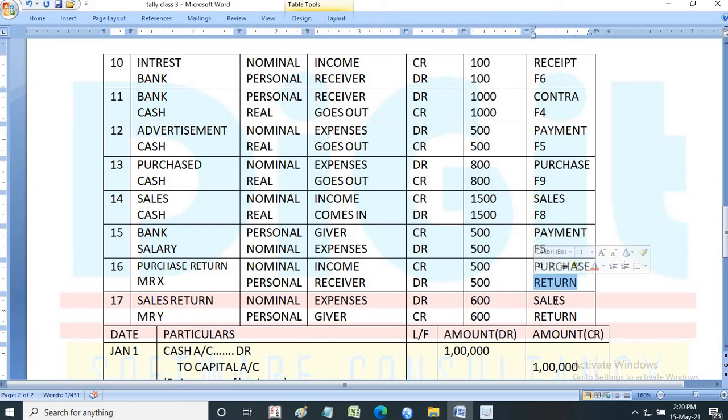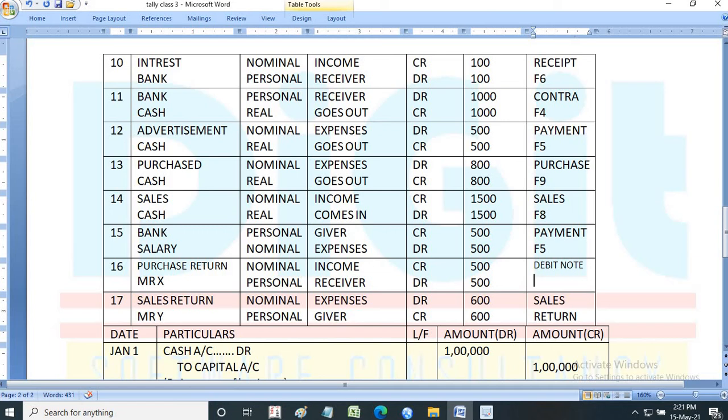Actually, here we do not use a purchase return voucher, actually it's a debit note. Or we can use journal also. If we don't make it specific, then we can use the journal.